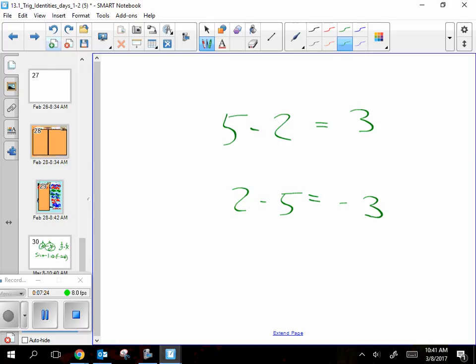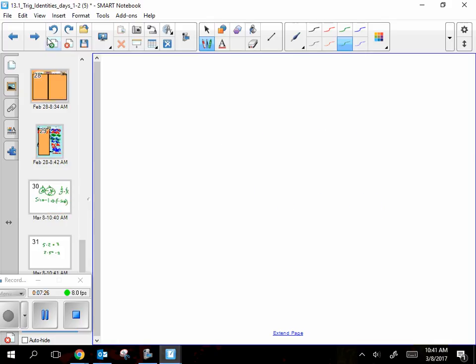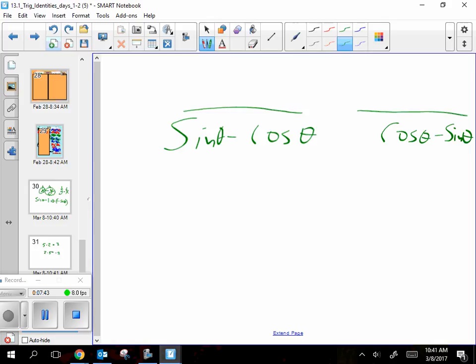So in the middle of that proof, the teacher needed to get sine minus cosine and cosine minus sine to end up being the same as each other for common denominator's sake. So how do I get one of these to switch so it's like the other? I multiply it by negative 1. Can you do that?